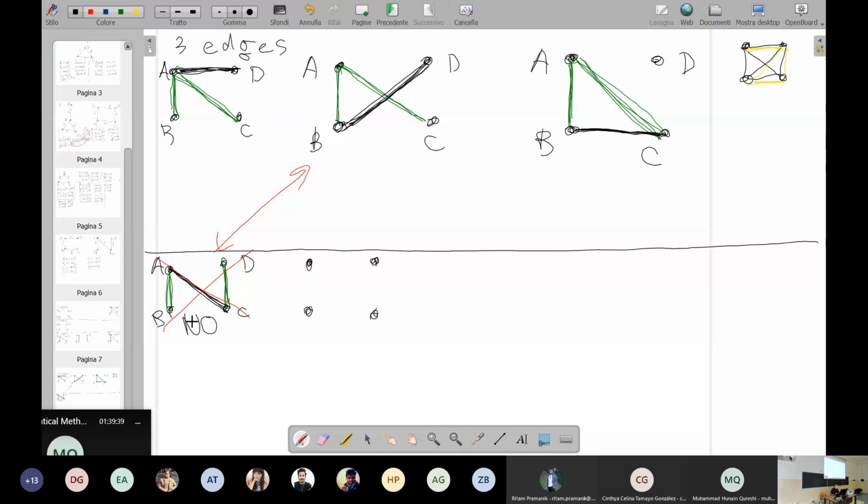And here, for instance, of course, we have the help of the degrees, finding that we have 2 degrees 1 and 2 degrees 2, and so we might suspect what the gentleman here has said, that this is isomorphic to this. But for saying this, we should actually produce an isomorphism. And this isomorphism is not so difficult. I send B to D, A to B, C to A, and D to C, and we are done.